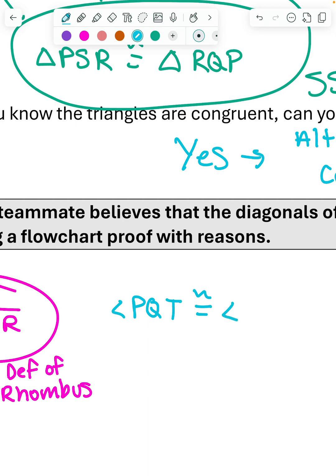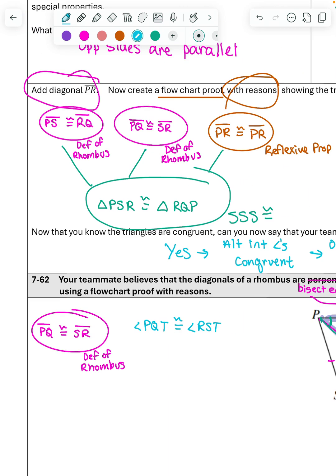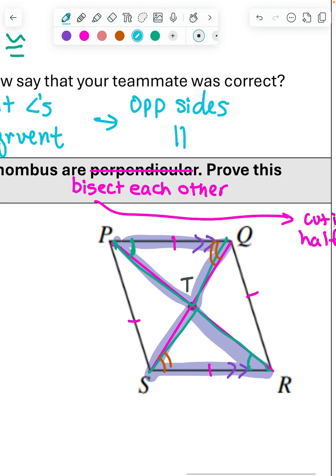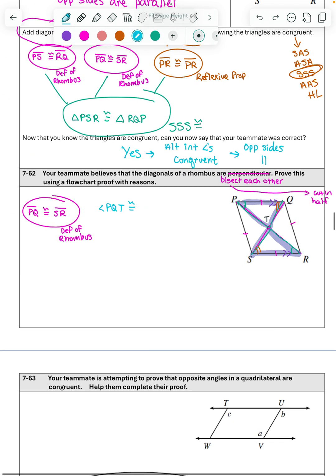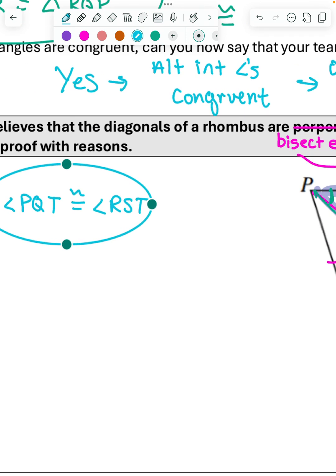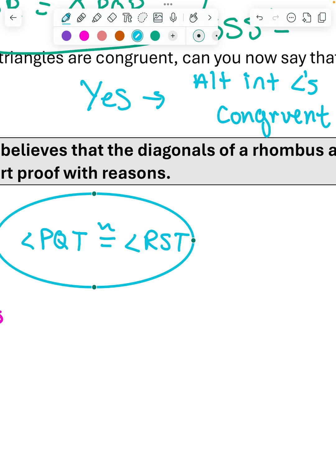That angle is congruent to angle RST. So I'll show you where that is. PQT, this is the brown one, is equal to RST. I'm doing this set of angles right here. RST. And I'm allowed to say this because they are alternate interior angles.